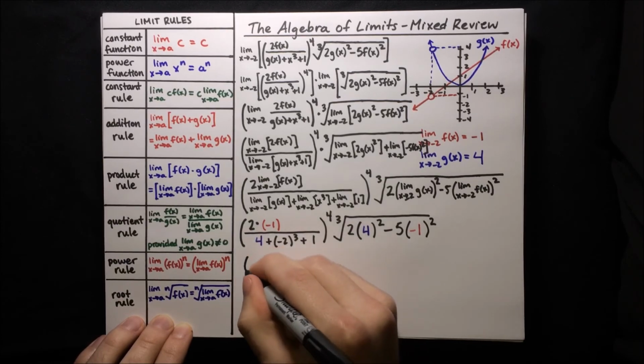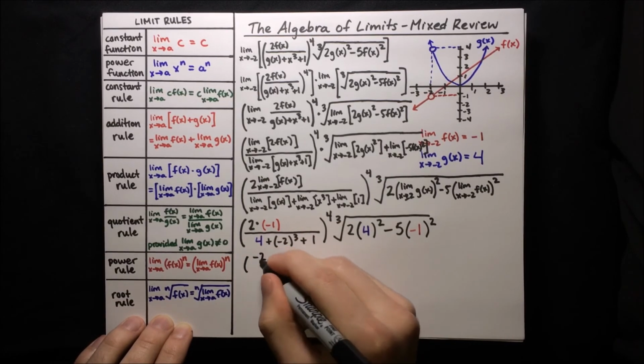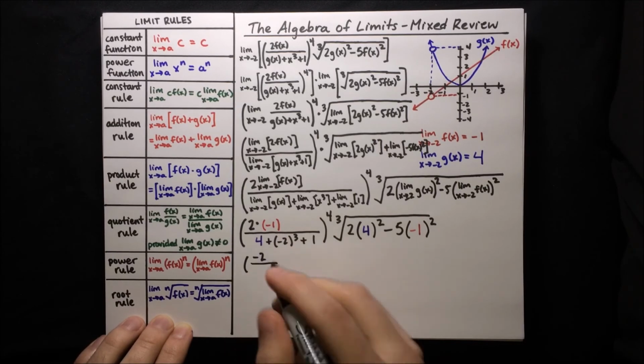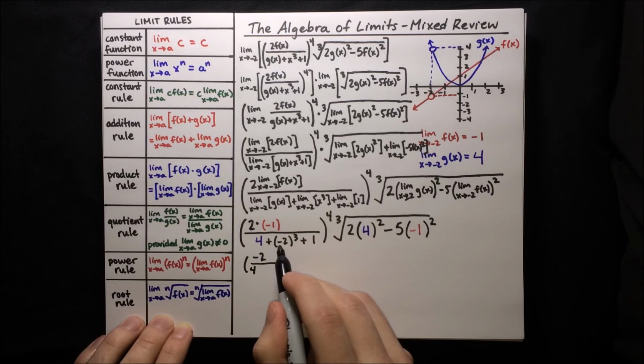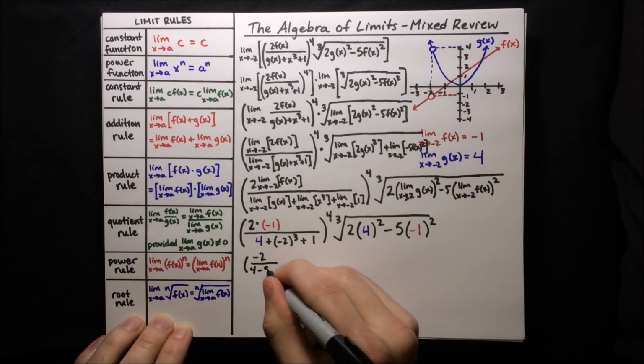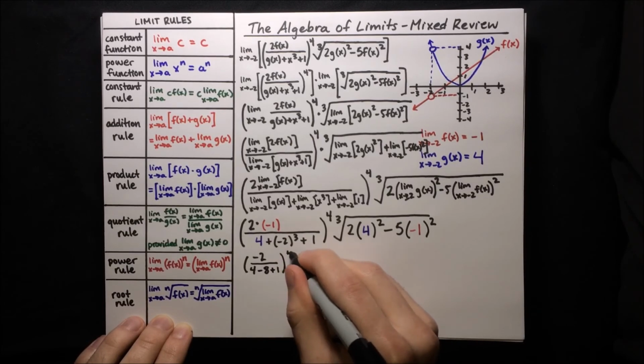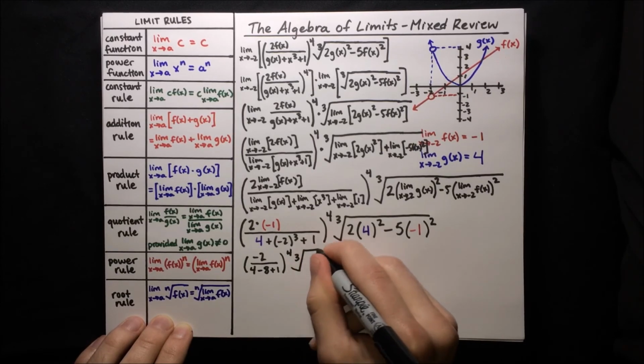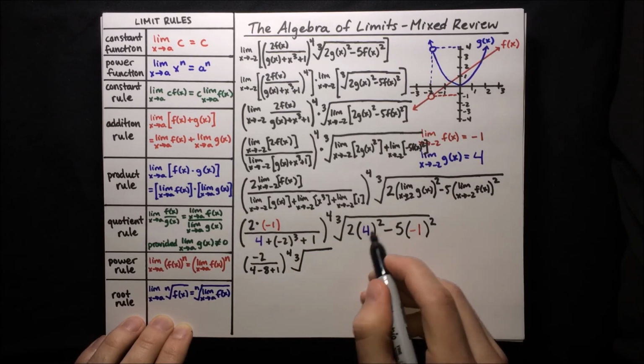So this top here is -2, that's 2 times -1, then over 4, then minus 8, because -2 to the third is -8, so 4 minus 8, and then plus 1, that's to the 4th power, and then times the cube root of 2 times 4 squared.